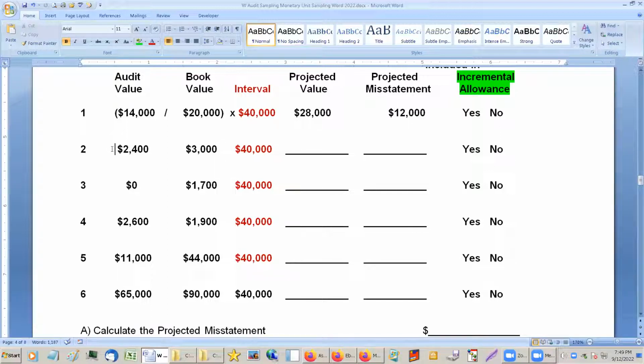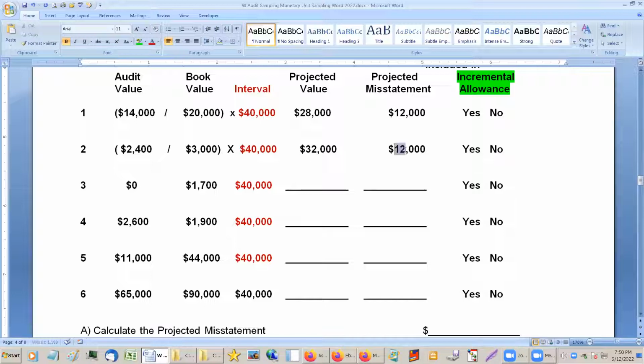Okay, so we'll go to the next one again. $2,000. Happy with this. Oh, this is 32,000.